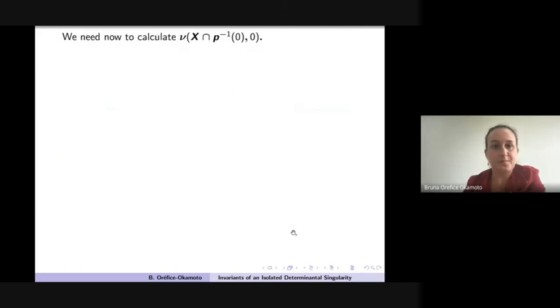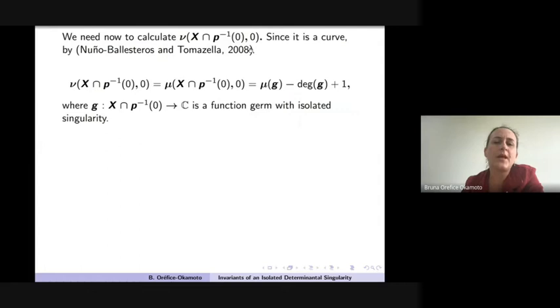Well, now I want to calculate the other part that appears in this sum. This is the vanishing Euler characteristic of X intersection P^{-1}(0). But this is a curve, and we know that it's equal to the Euler number of the curve as defined by Buchweitz and Greuel.